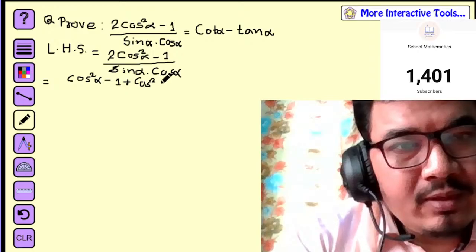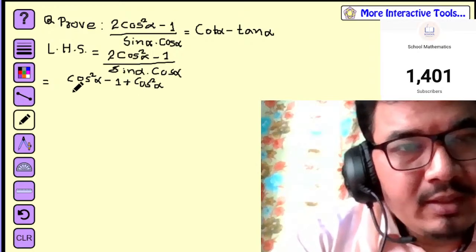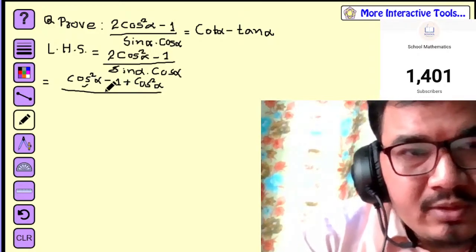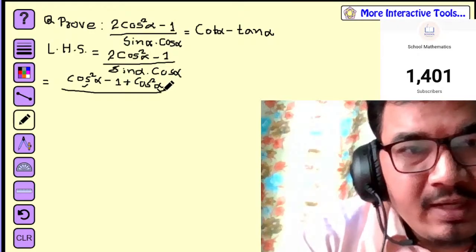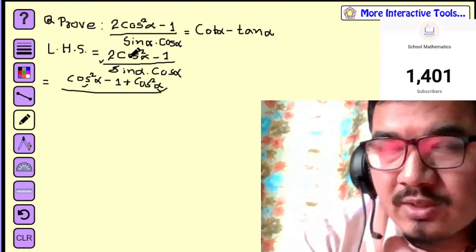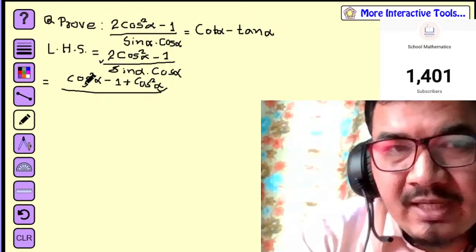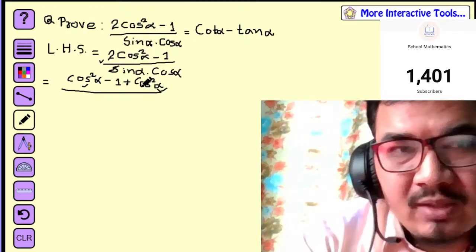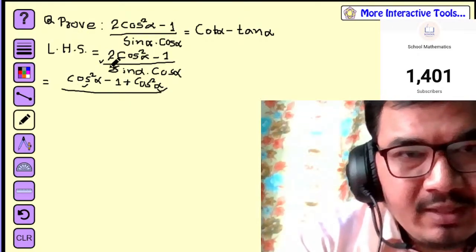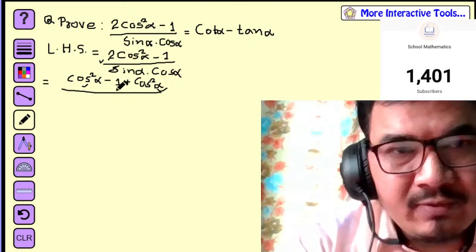Because we know that if we add this cos square alpha and this cos square alpha, it will give 2 cos square alpha.